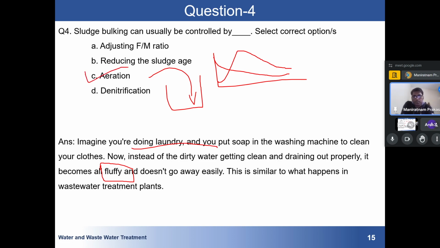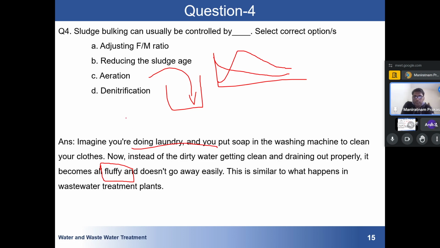The third point is the aeration tank, meaning how much oxygen I am providing to the system. And the next is denitrification.